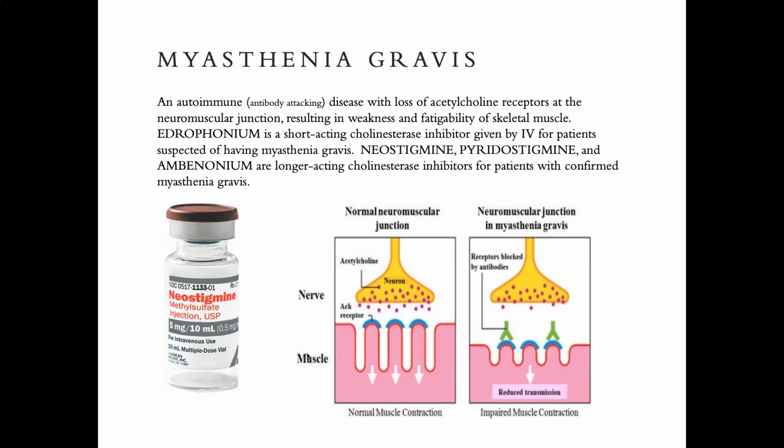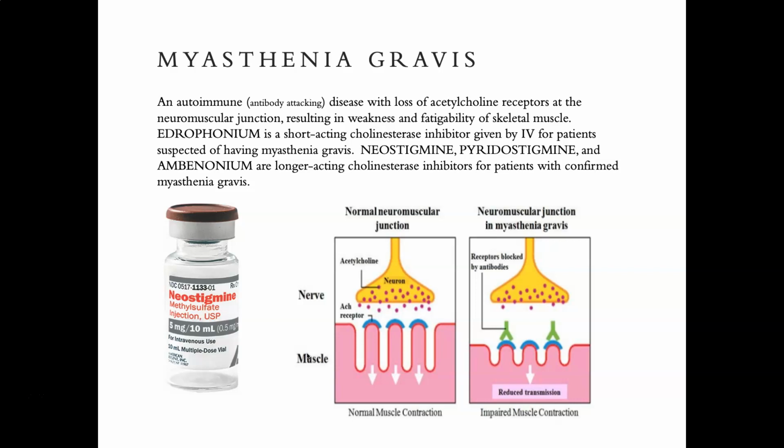Then the next picture is the neuromuscular junction in a patient who has myasthenia gravis, where you can see that those antibodies, the way they're attacking is by blocking the receptors. So they're blocking the receptors. The acetylcholine is still there, but much less of it can get through because there's fewer receptors for it to attach to. Those antibodies act as an antagonist, so to speak.